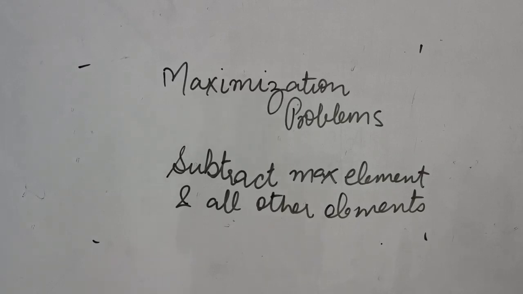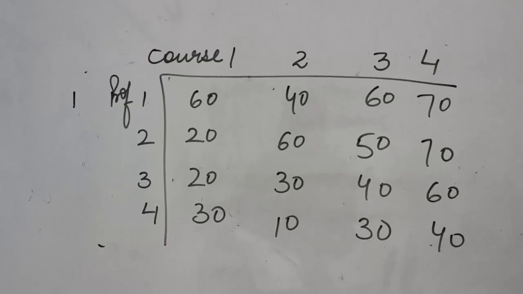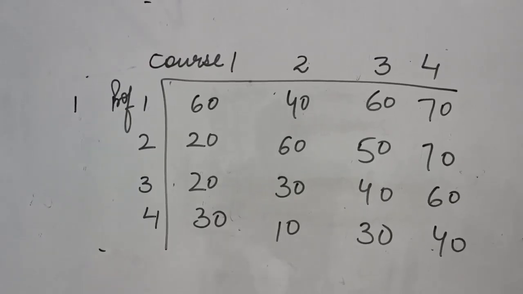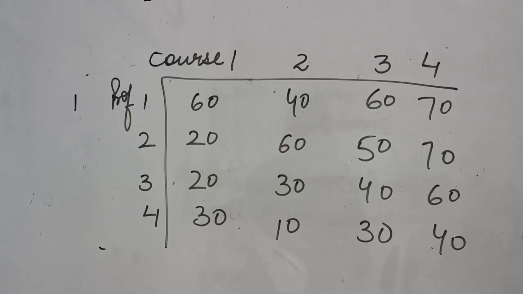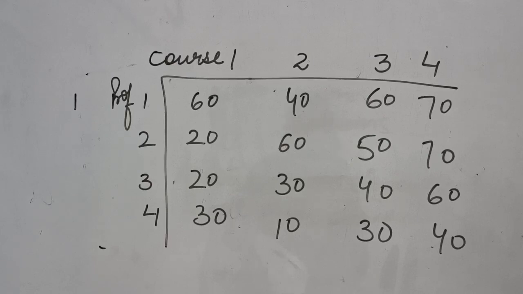Let us see this maximization question with the help of one example. You can see this practical example in front of you. This is the problem of assigning courses to teachers. Above, courses have been given, and on the left-hand side, professors have been given. The question says the courses have to be assigned to the teachers to maximize the education quality.